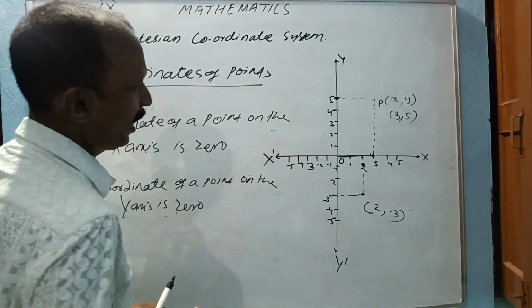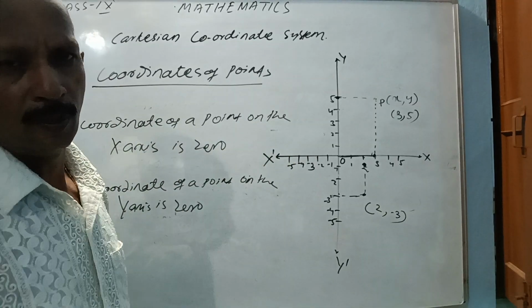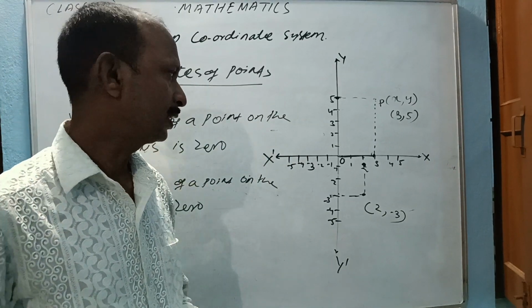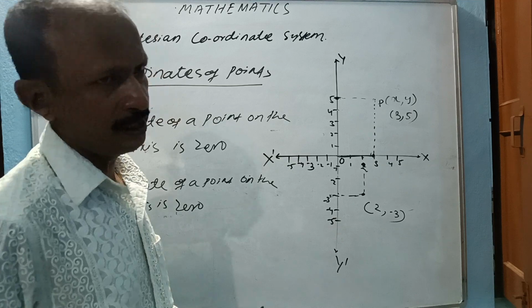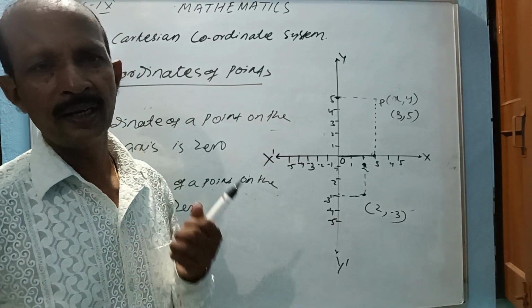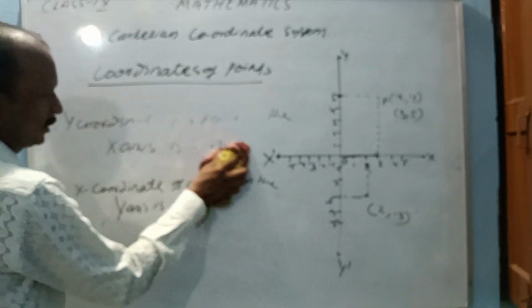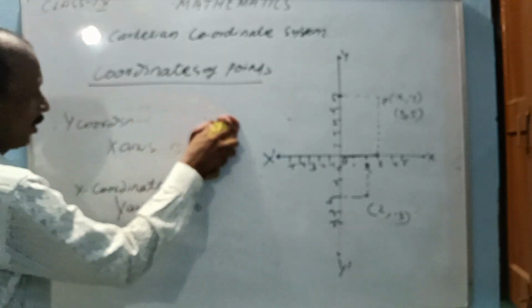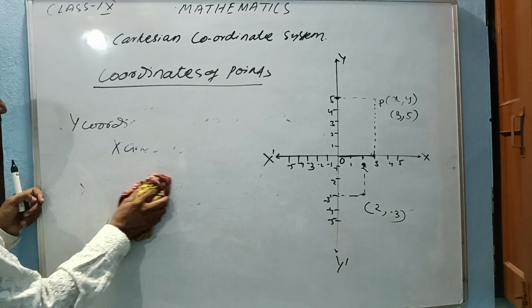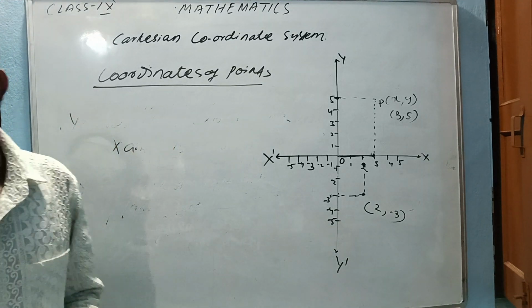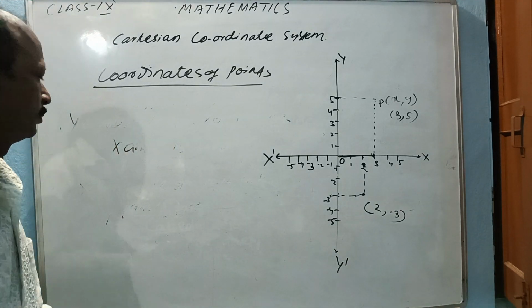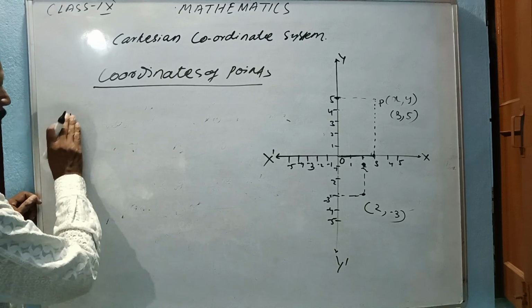So, in this manner, we can understand the position of a point in a Cartesian plane or coordinate plane or in a coordinate system. Okay, let us see the next point, that is about the quadrants and sign convention.